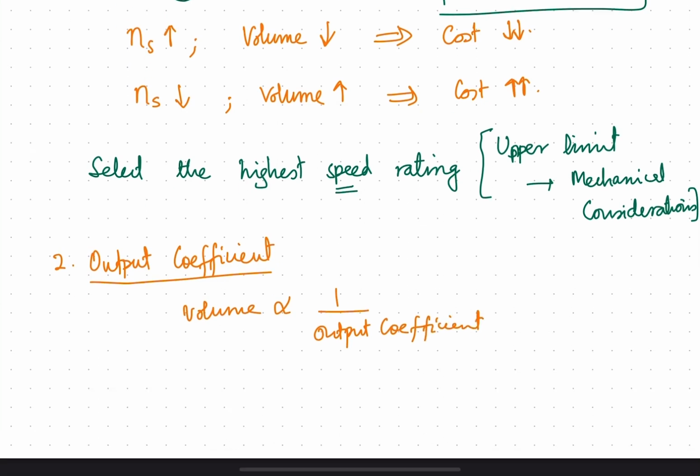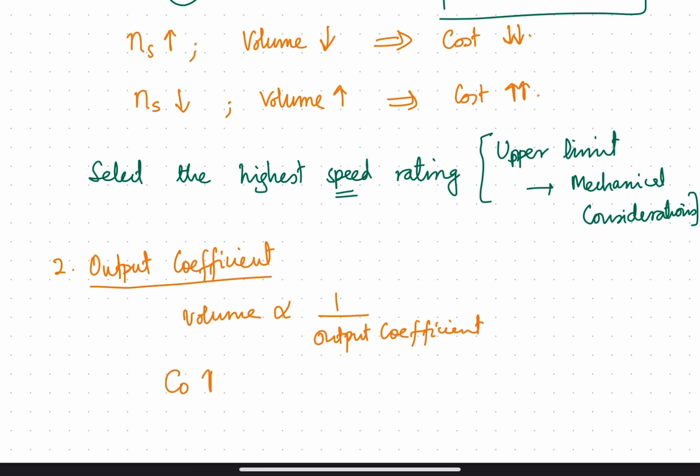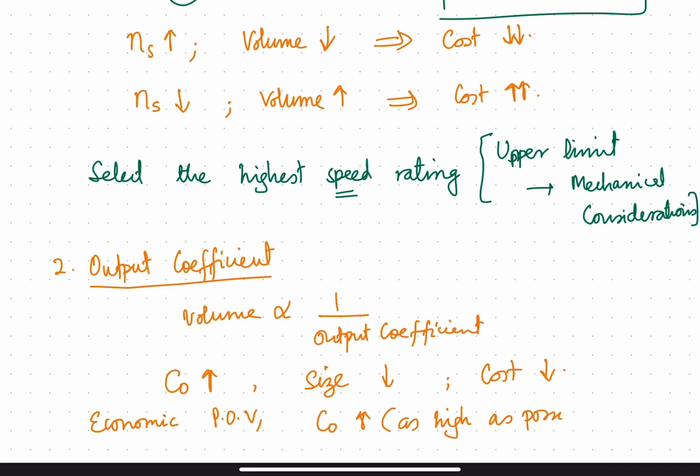What does this mean? If you increase the value of this C naught, your size will decrease and your cost will decrease. So from an economic point of view, what should be the ideal output coefficient? It should be as high as possible.